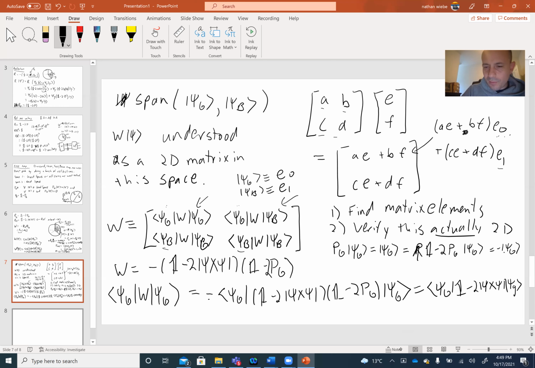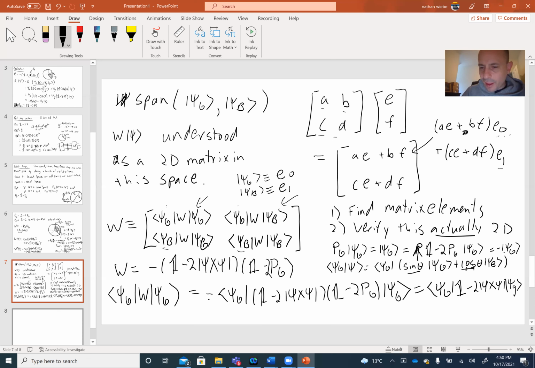So now we have this. However, we defined that psi G acting on psi is equal to psi G acting on sine theta psi G plus cosine theta psi B, which just gives us the sine component here.